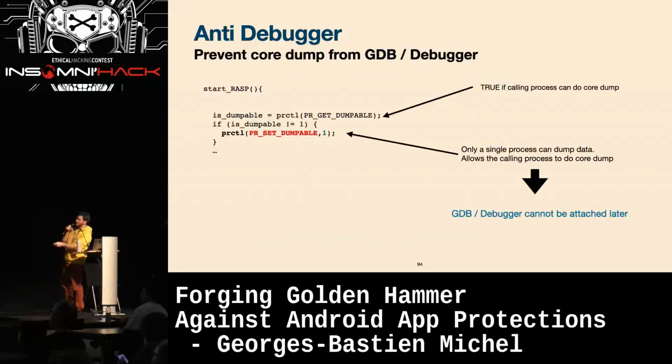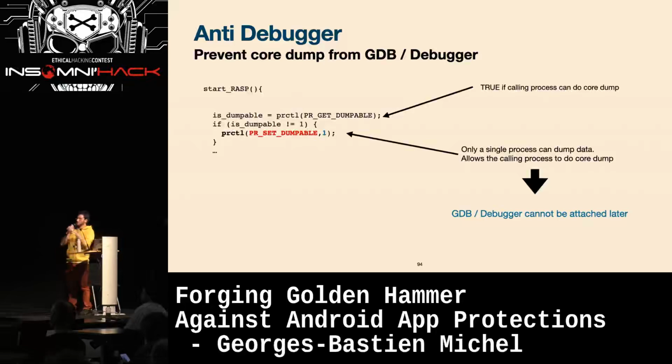And another interesting example is how the application prevents GDB or a debugger from performing a core dump. It is done by doing a prctl with this constant, set dumpable.